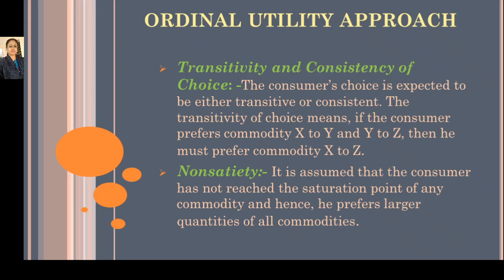It means that the consumer has not reached saturation of the commodity, and hence he prefers larger quantities of all commodities. If there are two commodities like orange and apple, or X and Y, then he wants to get maximum quantities of X and Y also. Is it clear? Now move.